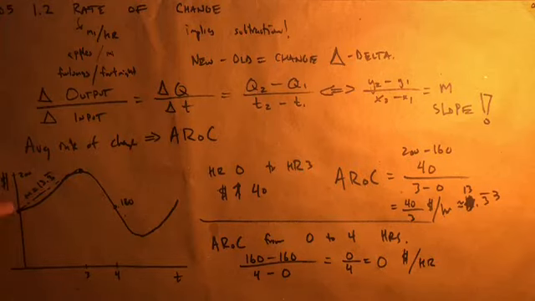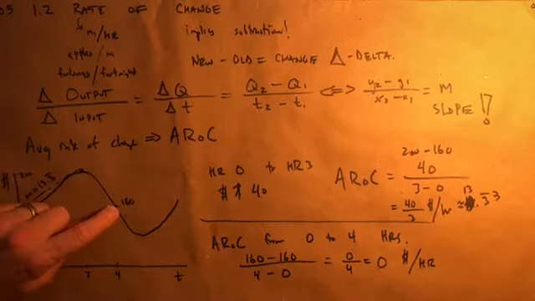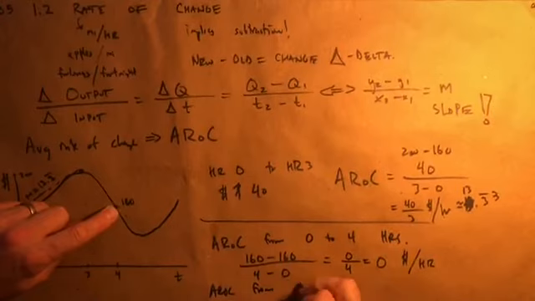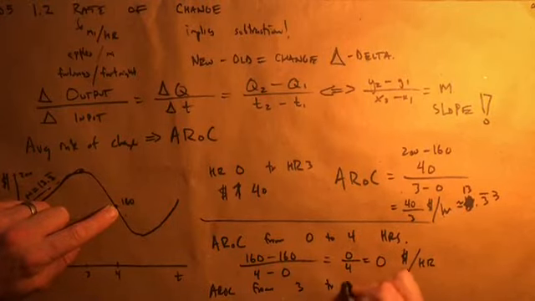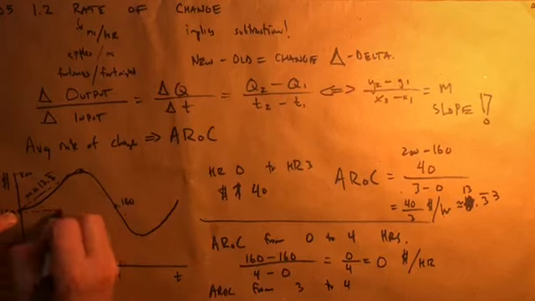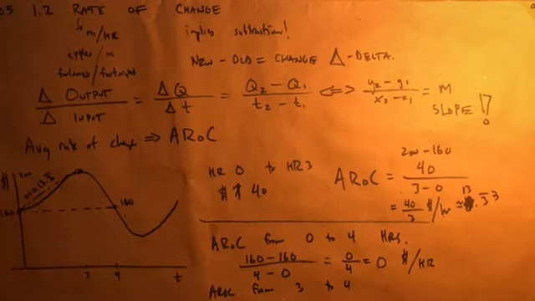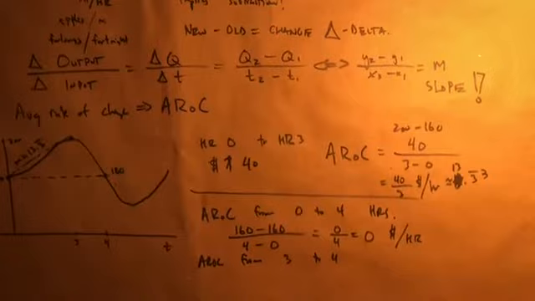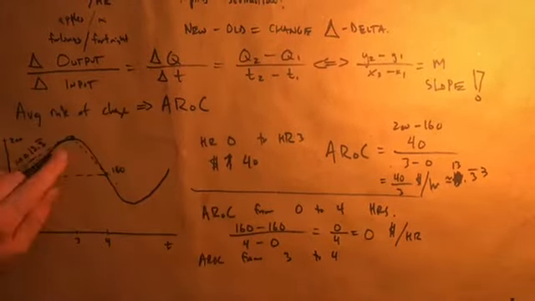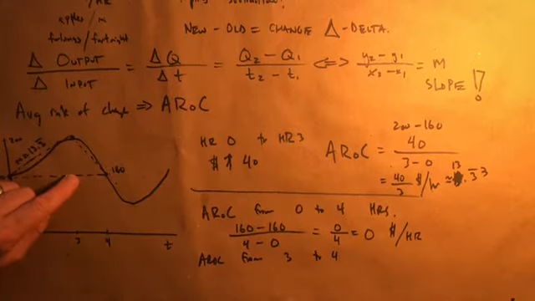Let's do one more for ourselves. Let's go from this point to this point, 3 to 4. Because here, our previous average rate of change was represented by this horizontal line. Now, I want one represented by this line right here. So what happened?